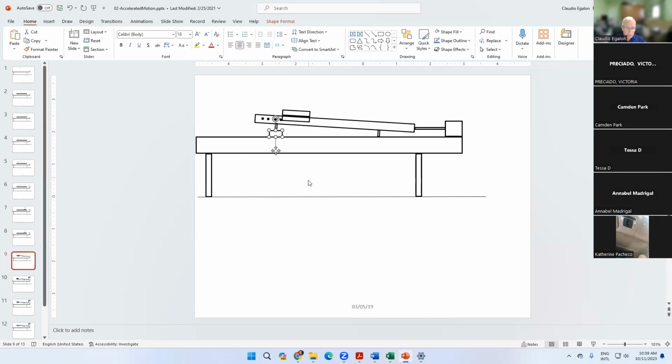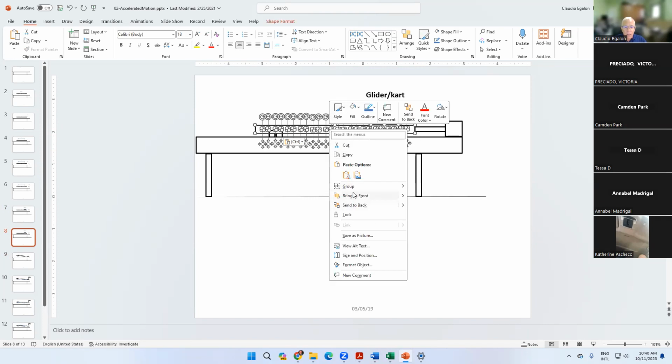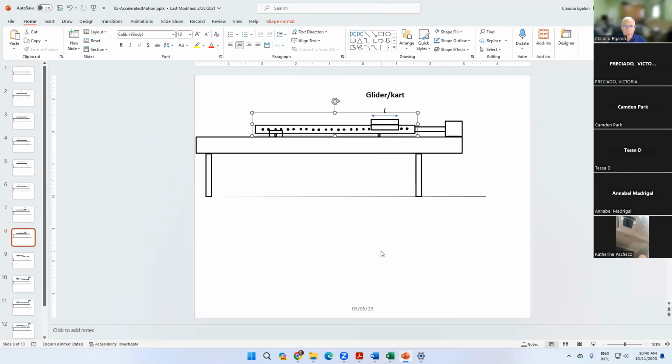That's the shim here. Let's see if I can get it right. Group. Okay.